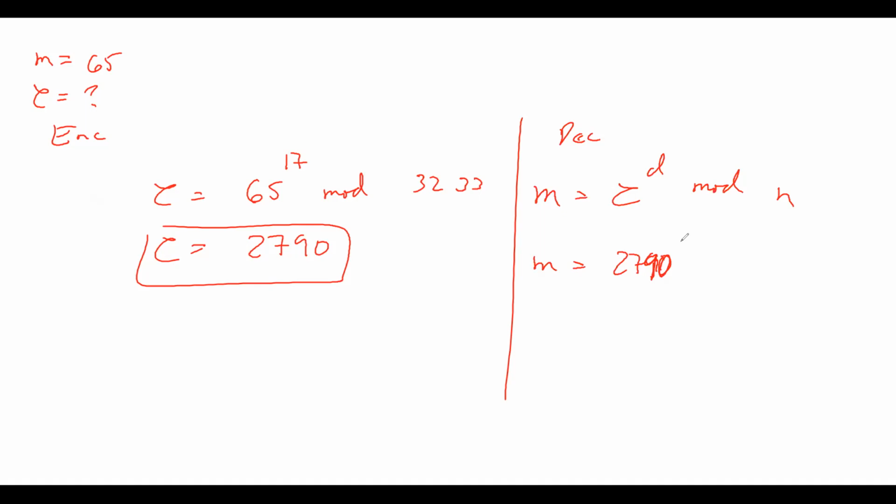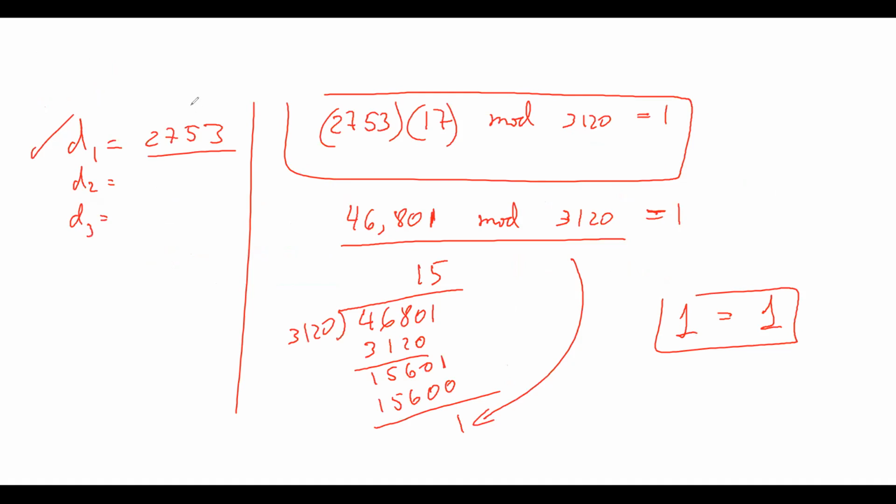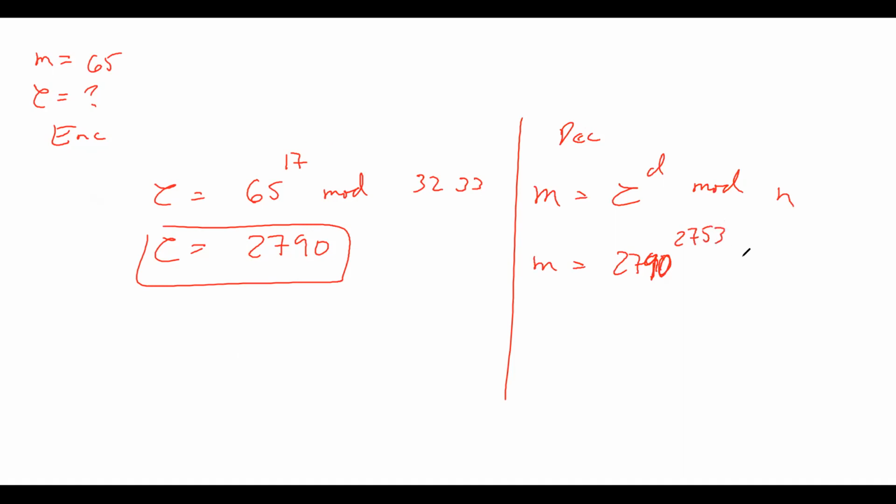Who can tell me? 2753, right? That's what we said over here. Mod N, what was N? 3233, right? So we do this calculation, and it should give us back 65, which is our original plain text message.